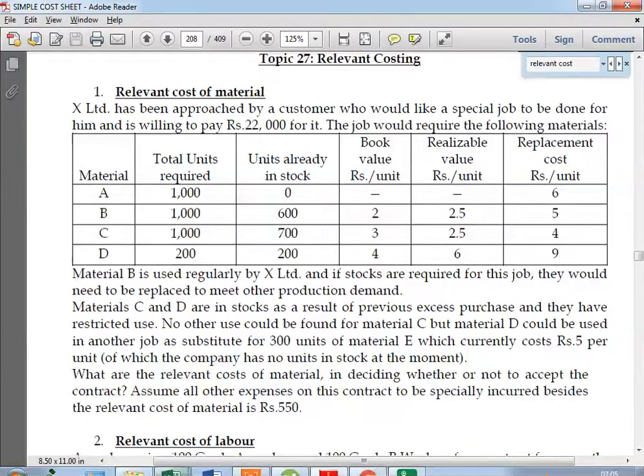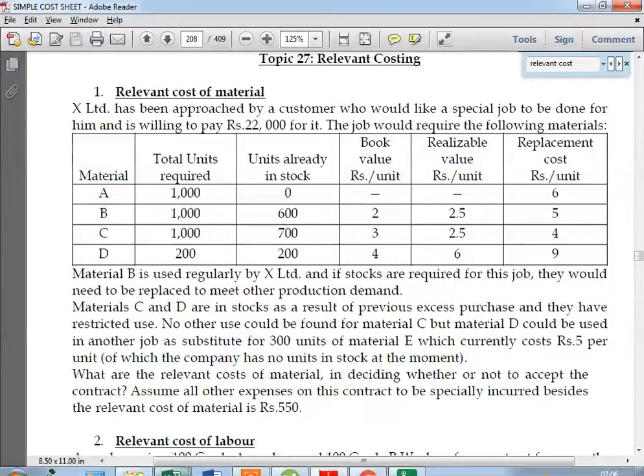Hence the relevant cost for these 700 units is 700 into 2.5, 1750. Clear?